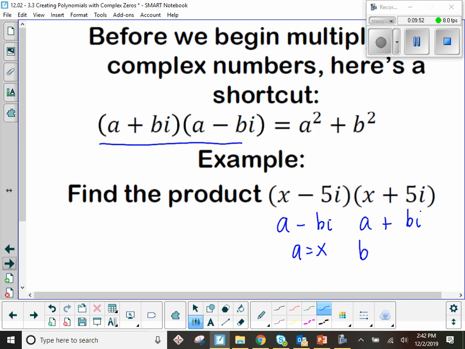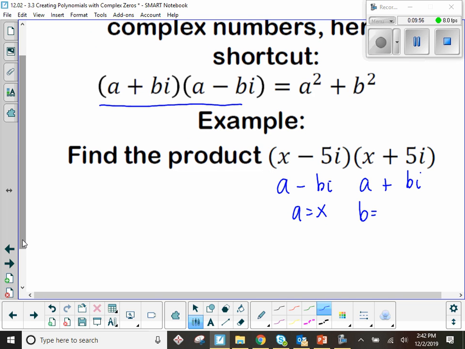And to figure out what b is, you have to be very clear about something. b is only whatever the coefficient is on the i. It doesn't include the plus, it doesn't include the minus. It also does not include the i piece. It's strictly whatever's in front of the i. So in this specific example, what do you think b is?